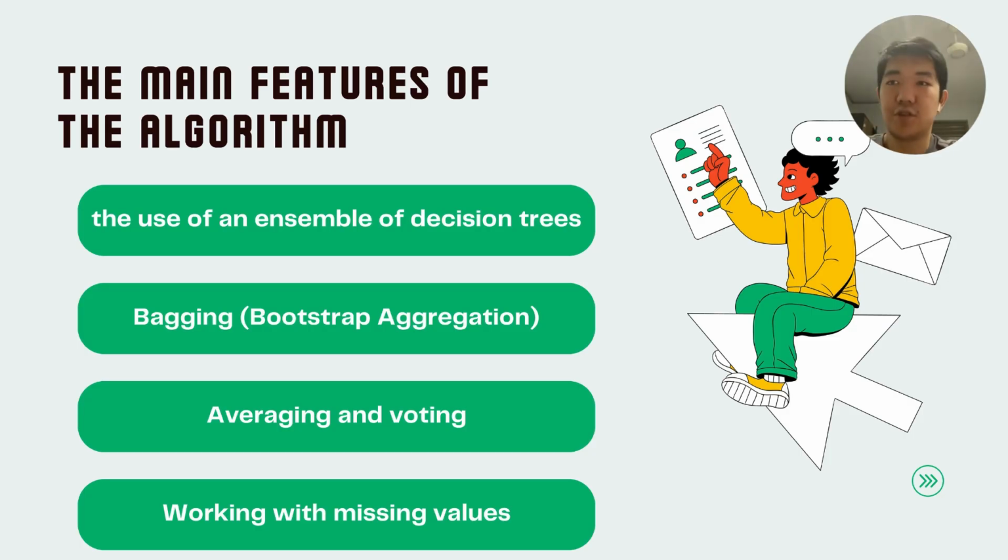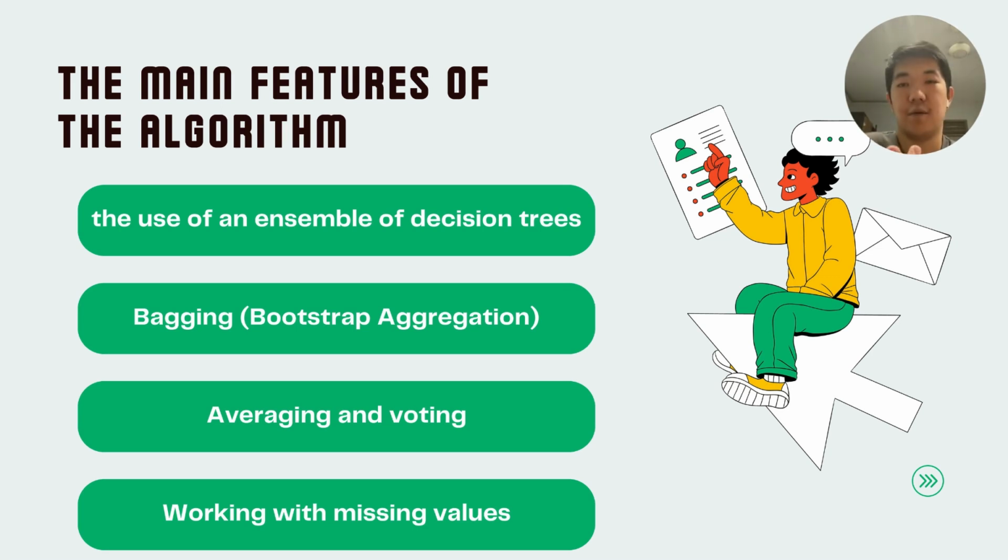The main features of the algorithm. There are four main features: the use of an ensemble of decision trees, bagging, averaging and voting, and working with missing values. First of all, the use of an ensemble of decision trees. A random forest combines several decision trees, which makes the model more stable and accurate than single trees.